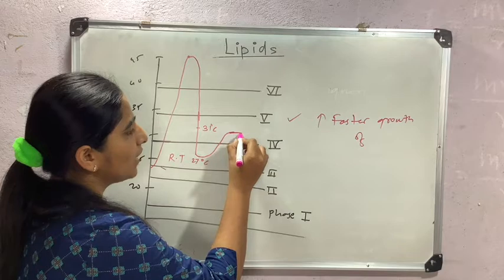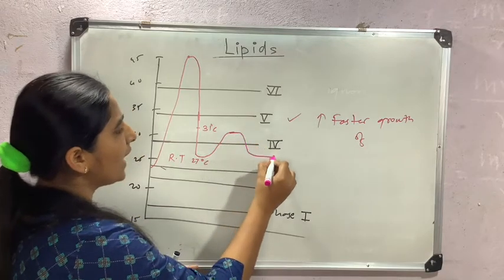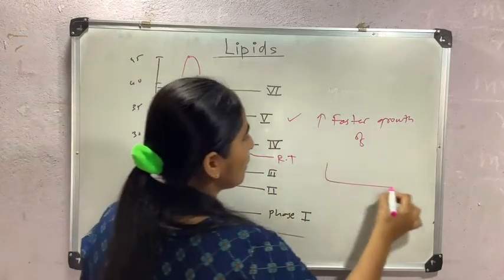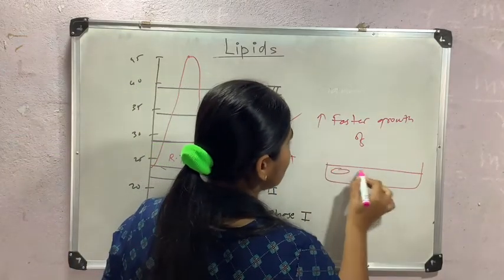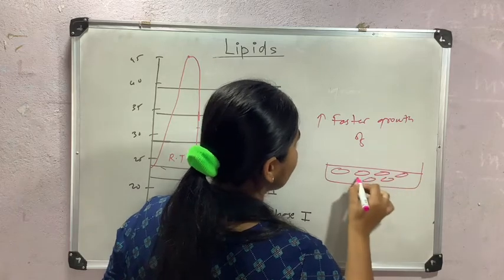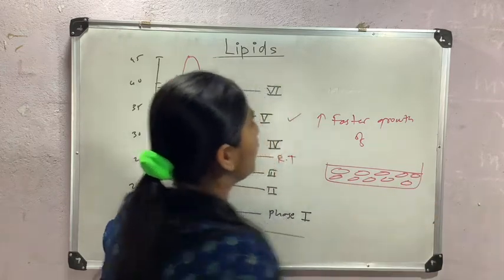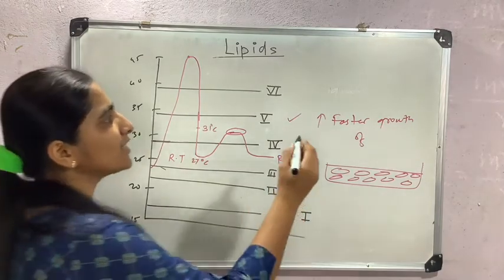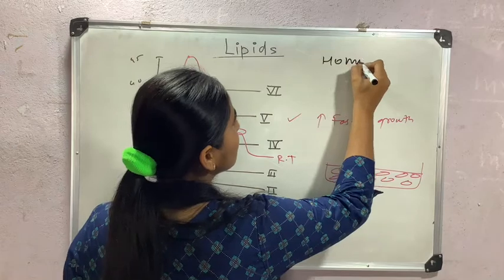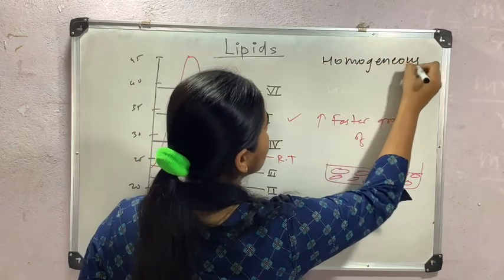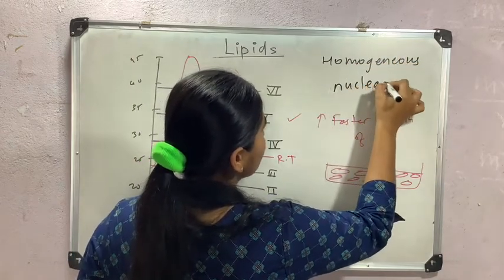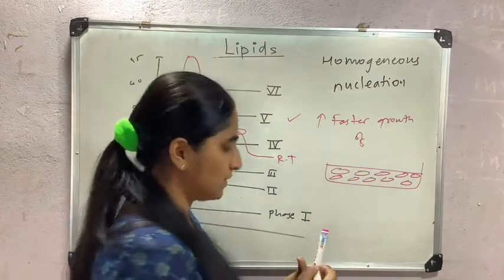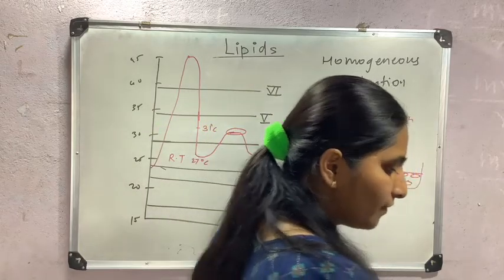And now again, if you allow it to cool at room temperature, we will get only phase 5 seed crystals, which are desirable in our chocolate. This process is known as homogeneous nucleation. And another process, seeding, is known as heterogeneous nucleation.